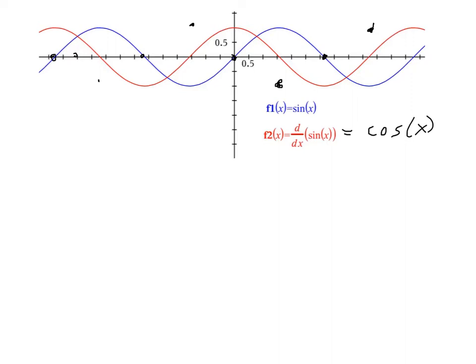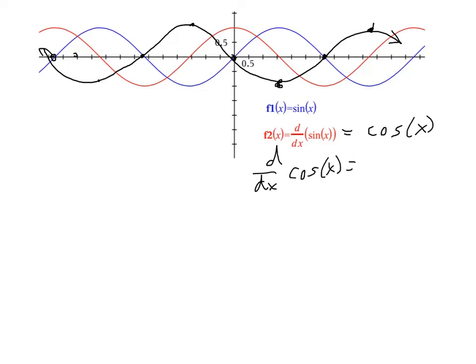So hopefully you notice that it makes this wave, and I'm hoping that wave you understood to be, so then we take the derivative of cosine is equal to, if you notice, just the negative sine of x.